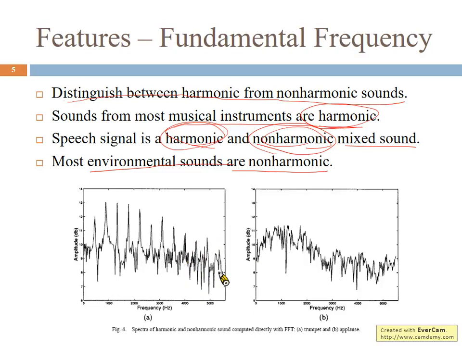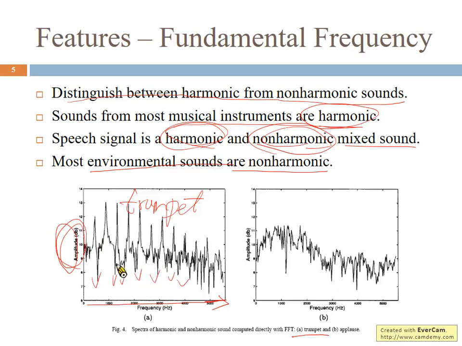These are two examples showing the amplitude evolution. The first one is the trumpet, one kind of musical instrument, and we can see the amplitude evolution in terms of different frequency. There are some clear valleys.